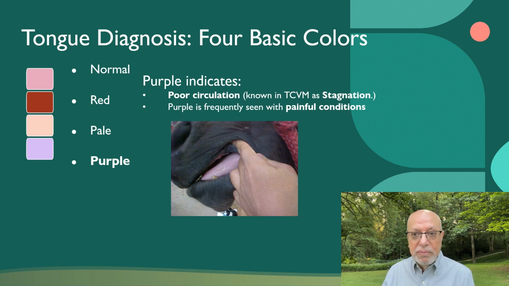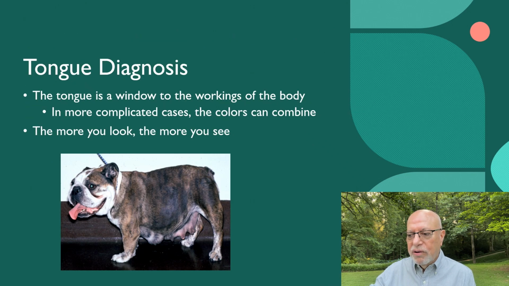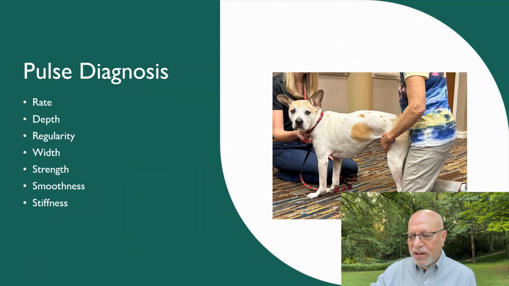In animals in pain, many times you see these problems, such as twists of certain things. As I mentioned before, and as is also indicated here, it's almost like a window to the working body. The more you look at them, the more you understand how we can make sense out of it.